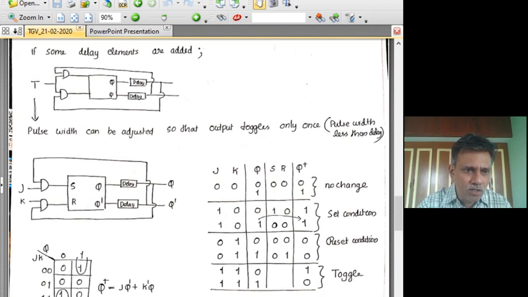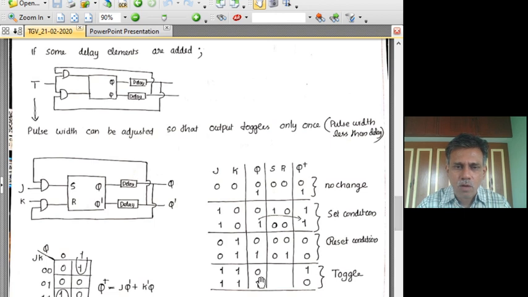That is 1 0, this row. This 1 0 case is a set condition, so Q plus will always become 1. So for this 1 0, you can just fill 1 1 in both these two squares. And look at the 0 1 case, which is a reset condition. So for this row 0 1, you just put 0 0 for Q plus in both these places. And this 1 1 is the toggle condition.